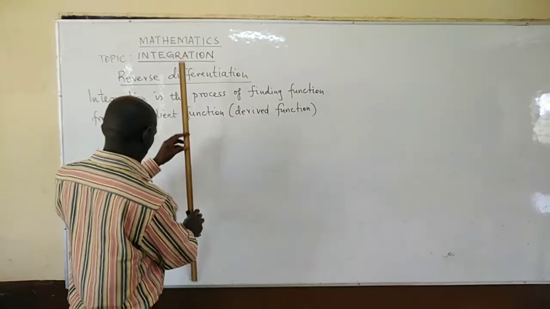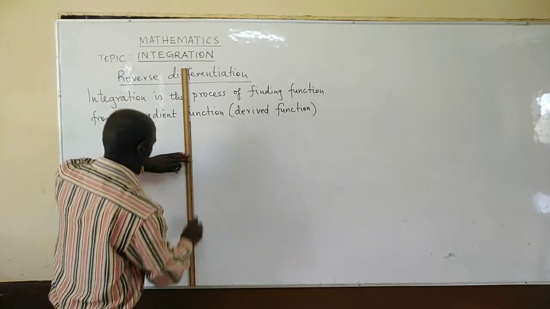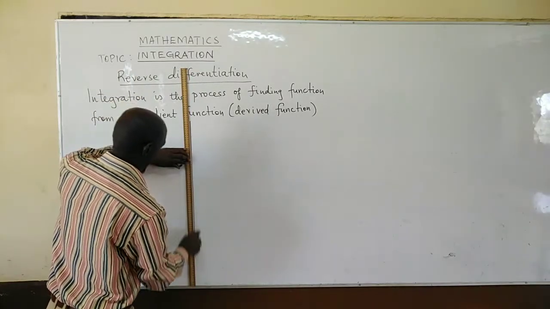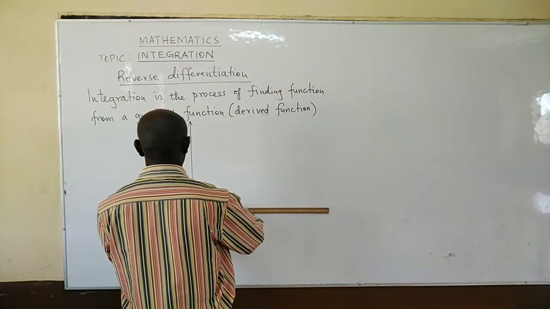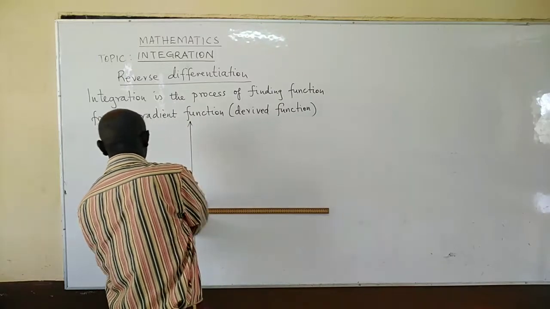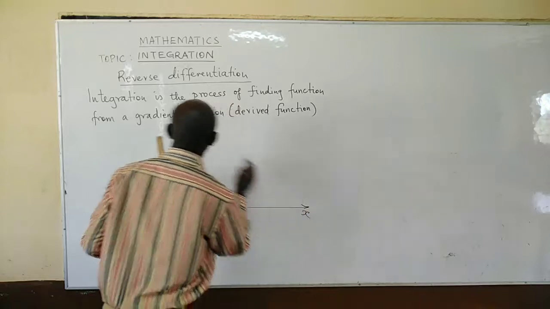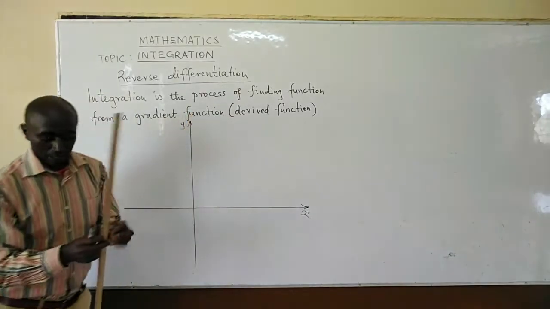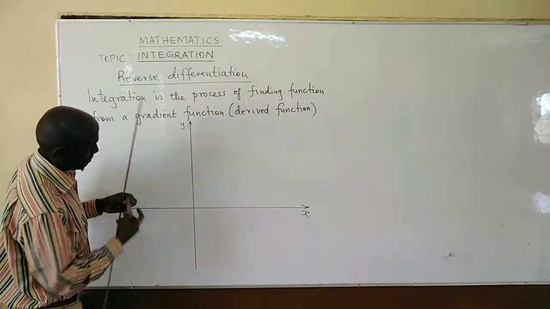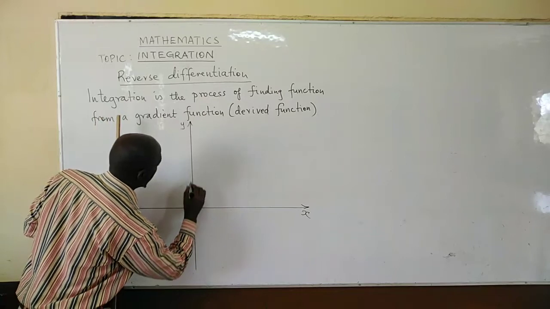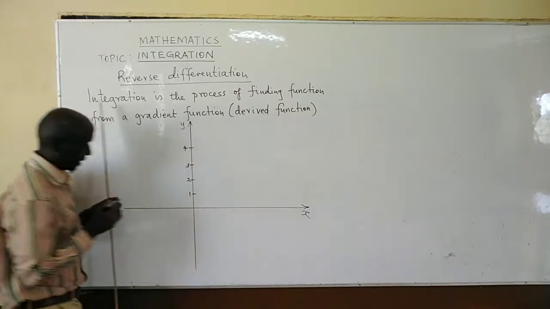Let's look at an example of a straight line. That is our y-axis. That is our x-axis. And I want to draw a few lines here. Let's say 3 lines passing through different points on the y-axis.